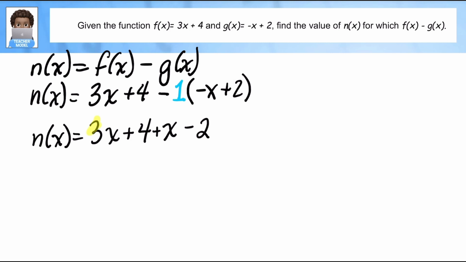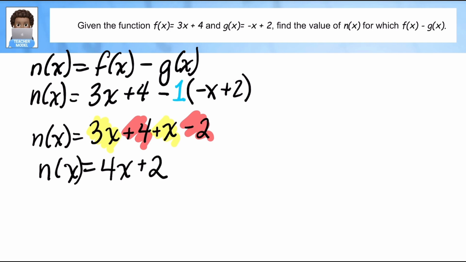I'm going to combine like terms, so just look for them. And then just combine them. 3 plus another x is 4 x's, and 4 minus 2 is positive 2. And that's it. Hit pause and jot this down into your notes. Your answer, n of x, is equal to 4x plus 2.